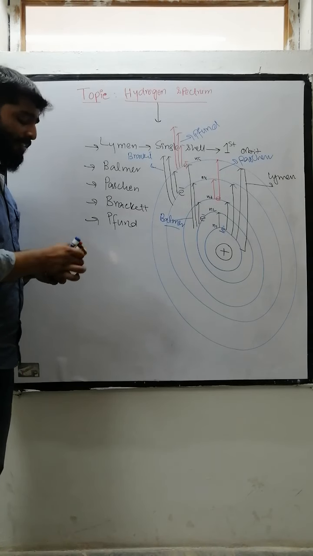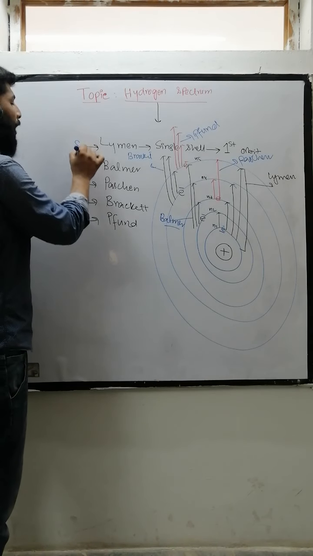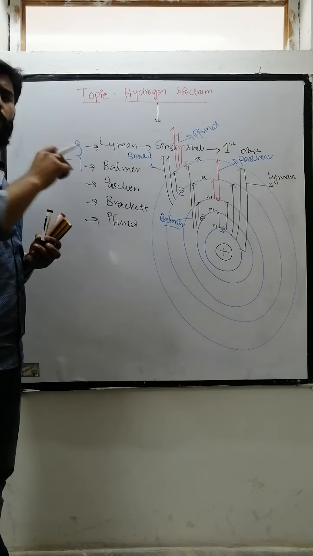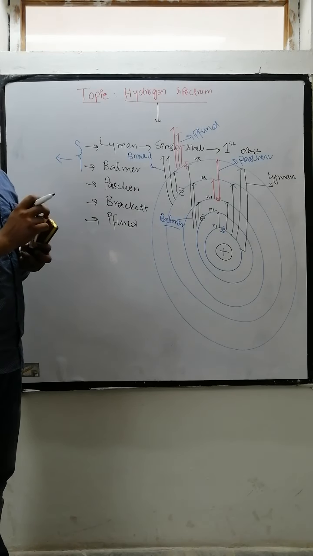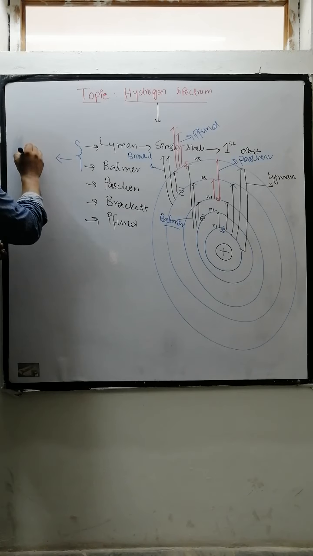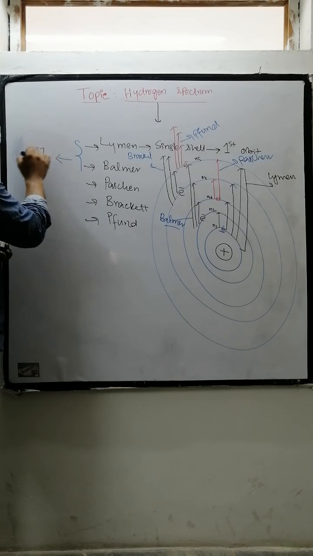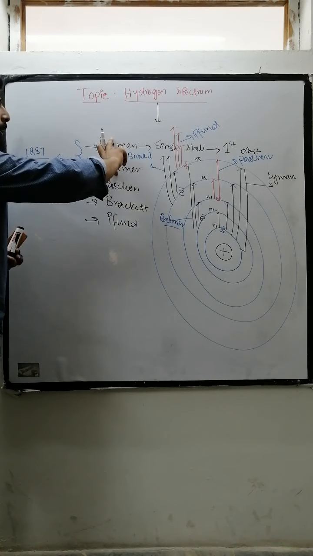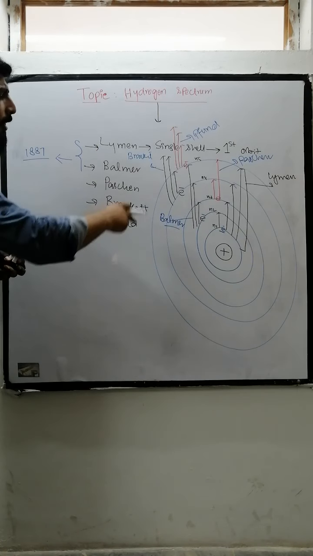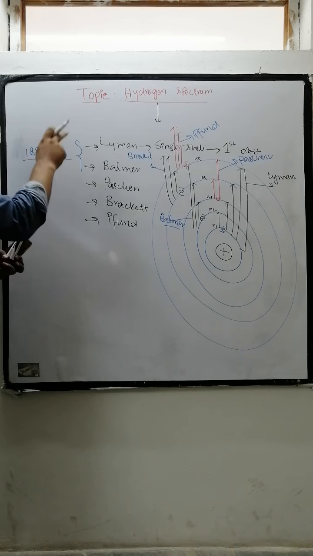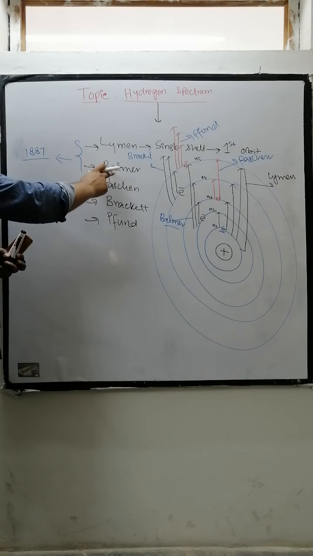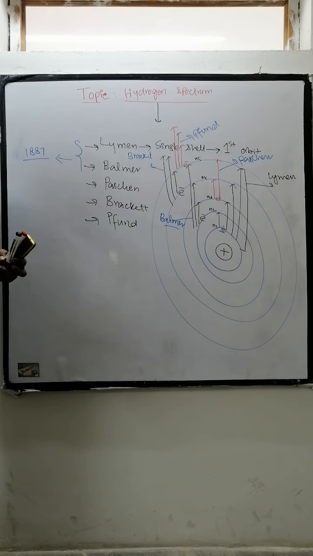Out of these 5 series, the first two, Lyman and Balmer series, were observed before Bohr's atomic model. In 1887, Lyman and Balmer observed the transition and gave their series, known as Balmer series and Lyman series. Why are these known as series?